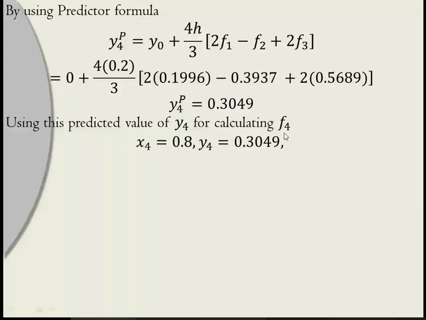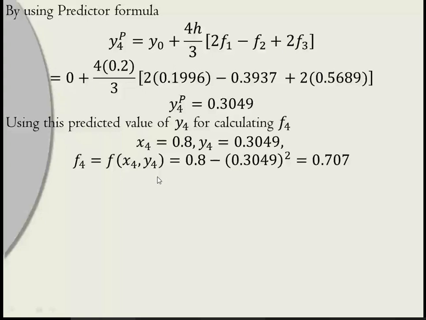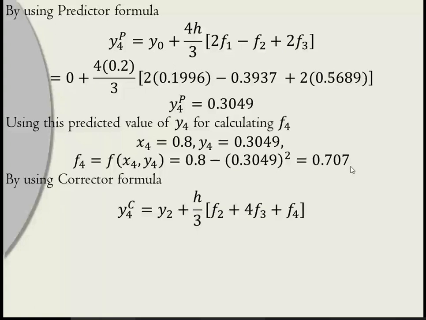That will be 0.707. And now calculate the corrected value of y4 using the corrected formula. It will be y2 plus h by 3, f2 plus 4f3 plus f4. Substitute all these values into the function.